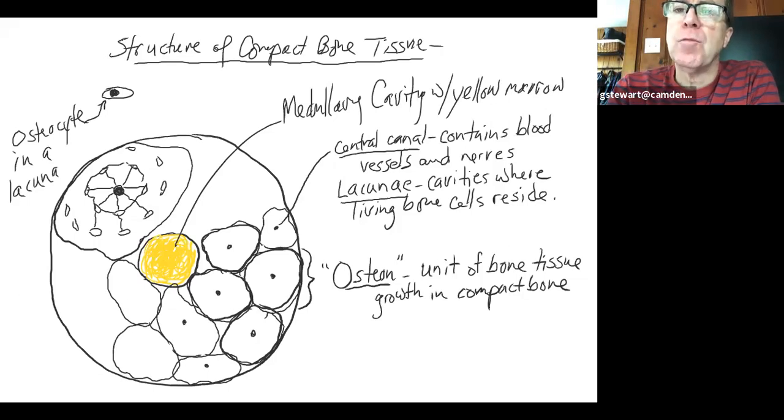And it's getting too small for me, but these little holes that I've drawn are lacunae. They're little pockets or cavities where we find living bone cells. And they're connected to each other via these tiny, tiny microscopic canals. They're called canaliculi. So I'm going to write that word.